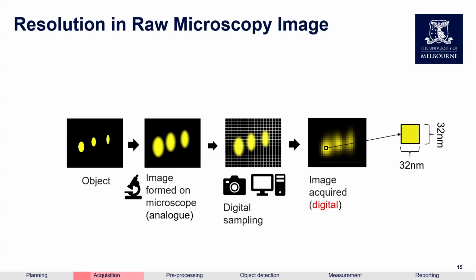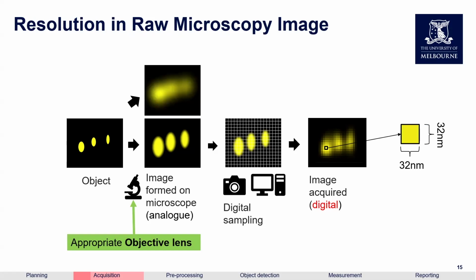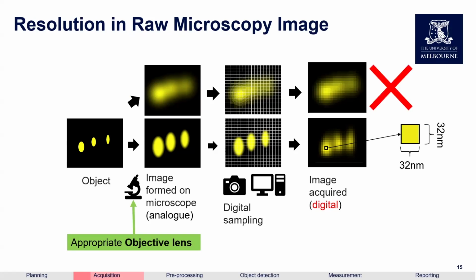So the first step in controlling the image resolution is choosing the correct objective lens. If we were to use the wrong lens, the analog image won't have sufficient resolution to start with, and neither will the resulting digital image.